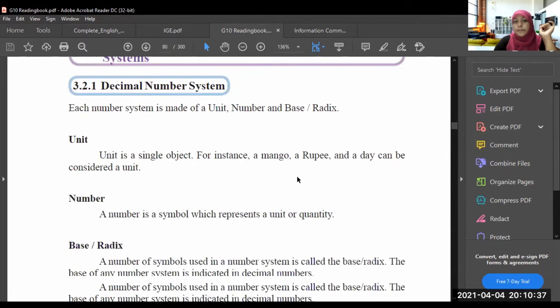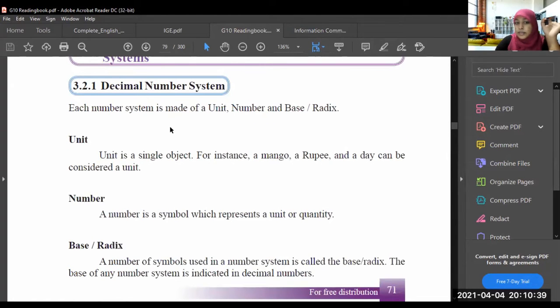Decimal number system. Each number system is made of a unit, number and base or radix. Unit means a single object. For instance, a mango, a rupee and a day can be considered as a unit. It is one unit. Number means a symbol which represents a unit or quantity.